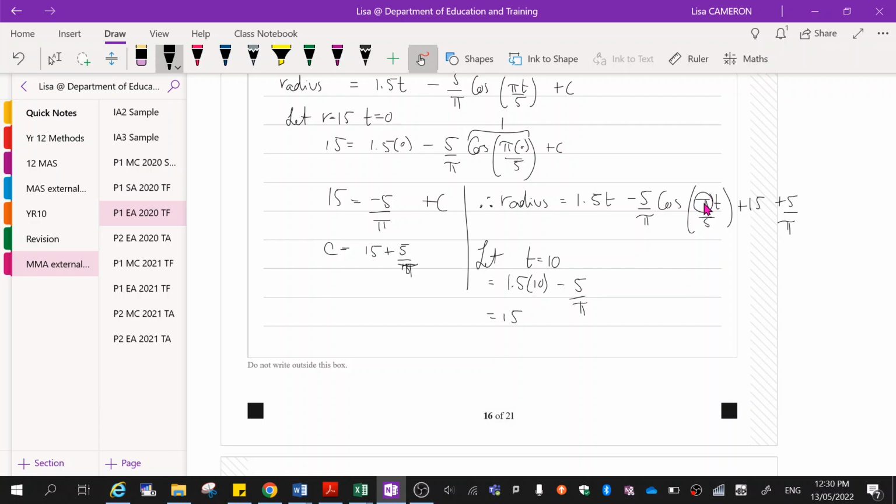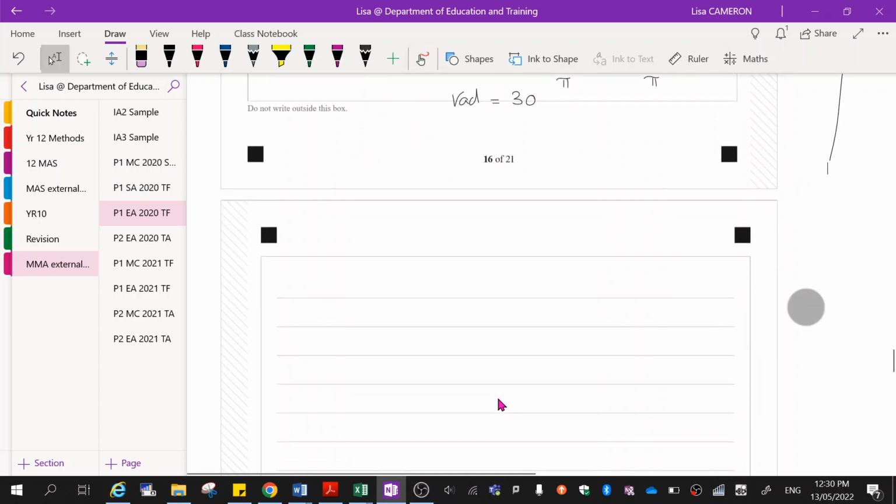When I substitute 10 in here, it becomes cos of 2 pi, which is also going to be 1. So that ends up minus 5 on pi, plus 15 plus 5 on pi. That gives me a radius of 30. Now I've got the radius at the end of the growth cycle and at the start, so we can put it into our formula for volume and work it out.